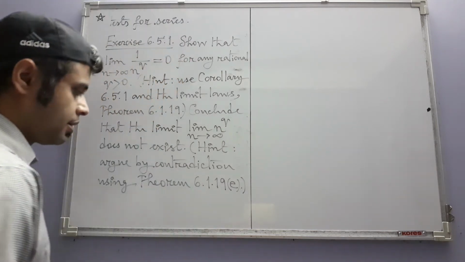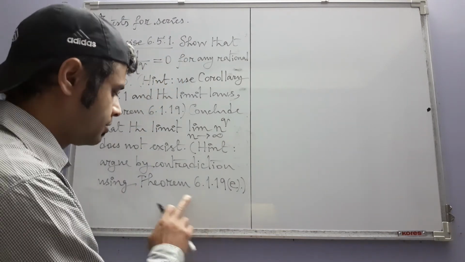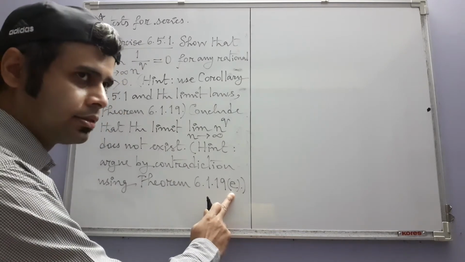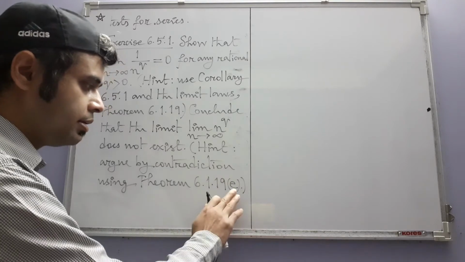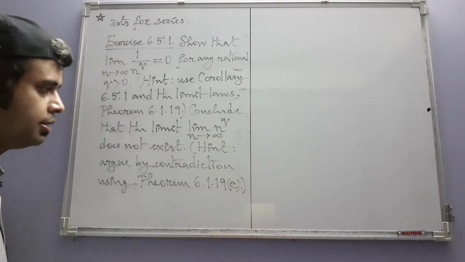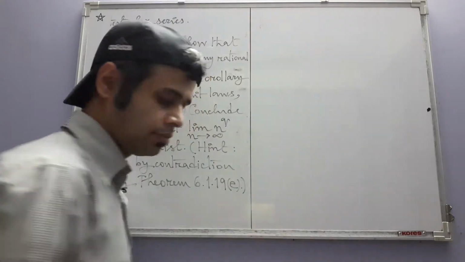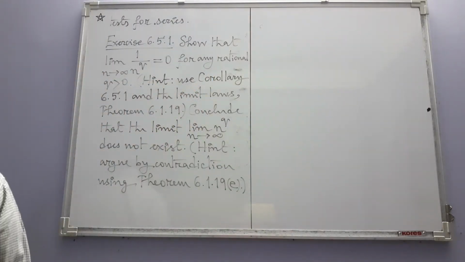And here, for example, this is a typo, of course. It's not theorem 6.1.19(e), I think. What we really need here is part B. We will see. And before that I need ink.